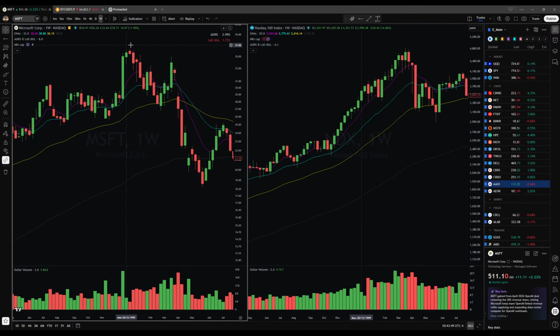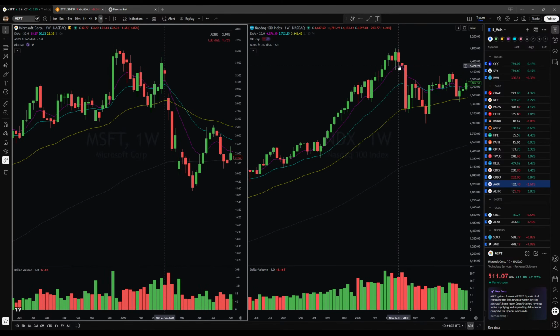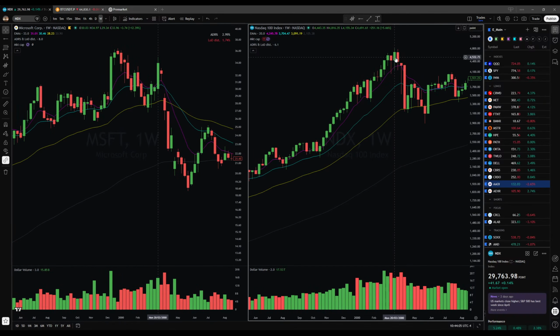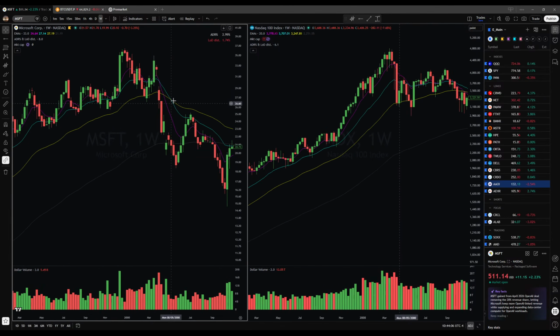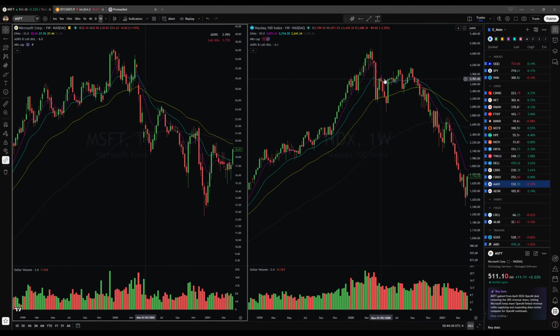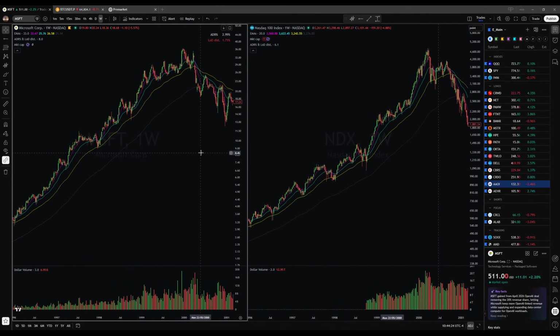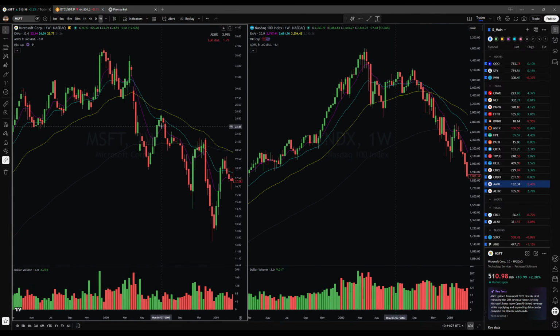Microsoft found the top before the market and made lower highs before following the market weakness, and it's showing relative weakness all the way down when the market is going sideways. After breaking down, after this gap down, it's just not getting back.